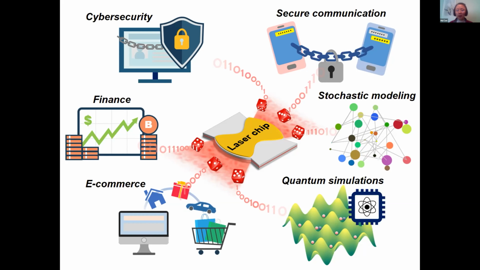For example, to simulate the spread of disease, and also for stock market fluctuations. Therefore, we show that using a single laser chip, which has a shape similar to the violin, we can generate a huge number of random numbers.